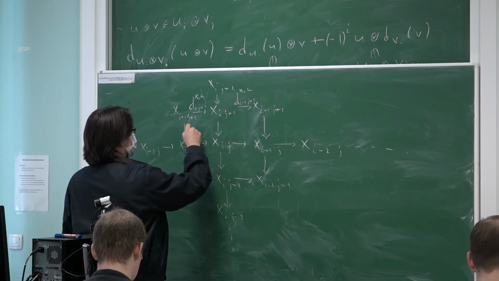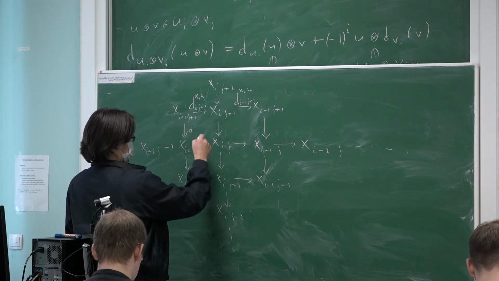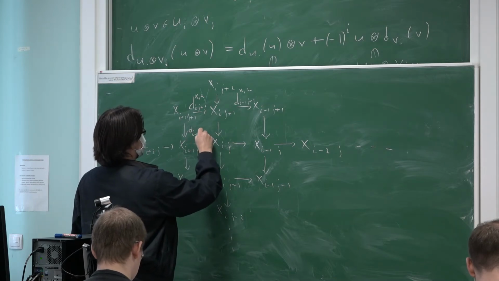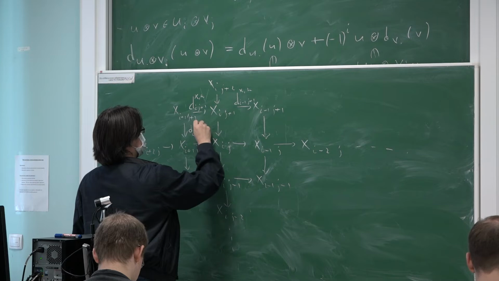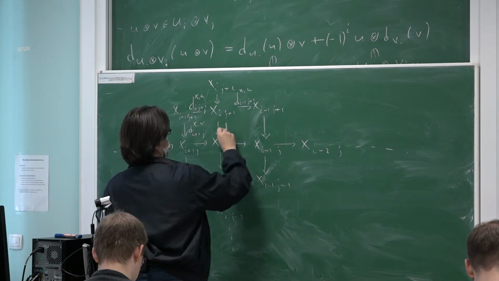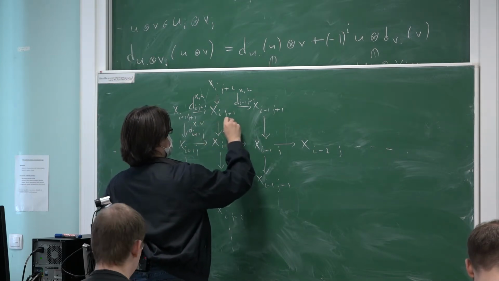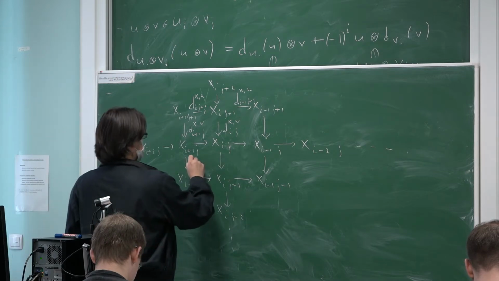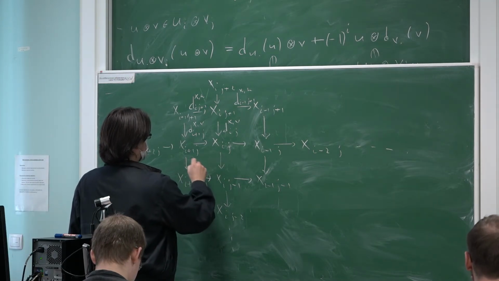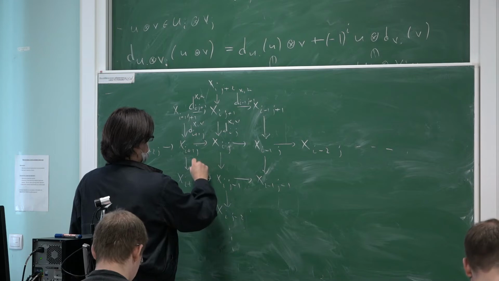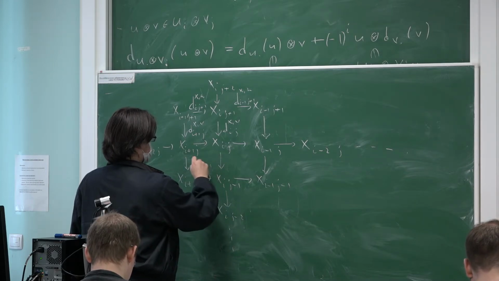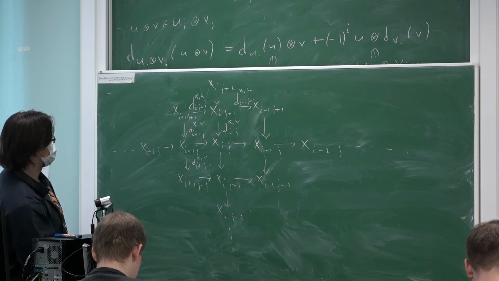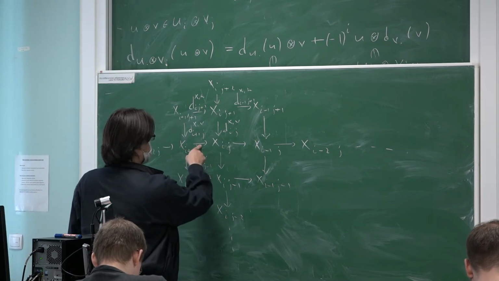Here vertical, so it is d^v_{i+1,j}, here d^v_{ij}, here d^v_{i+1,j-1}.